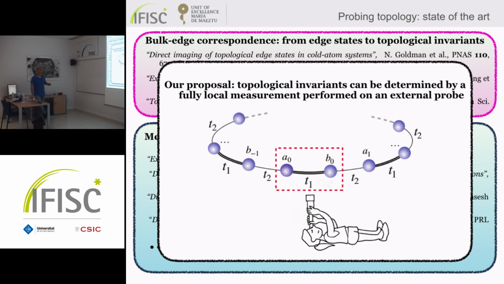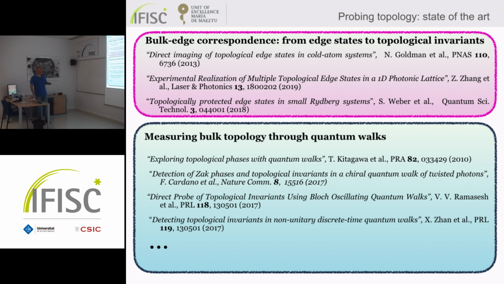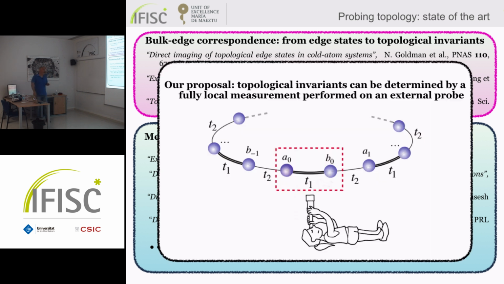We propose to measure the topological number locally, in the bulk, with a local measure. In this case, either you go to the edges or you do a spatially distributed measure extended all over the chain. We propose that if you add some external object to the chain, you can, only by observing the behavior of this object, measure the same numbers. This is our idea.